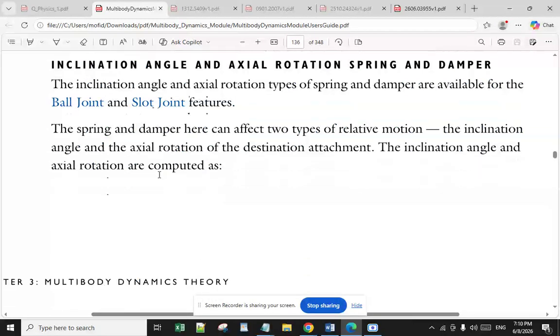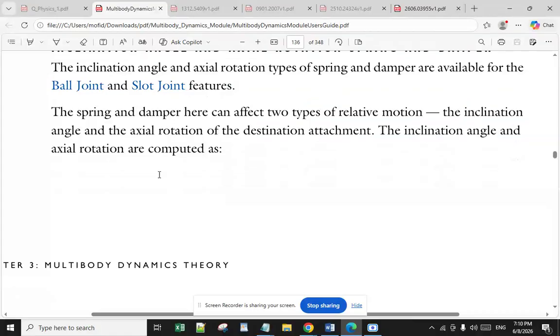Now I want to go through the inclination angle and axial rotation spring and damper. The inclination angle and axial rotation types of spring and damper are available for the ball joint and slot joint features. The spring and damper here can affect two types of relative motion: the inclination angle and the axial rotation of the destination attachment.